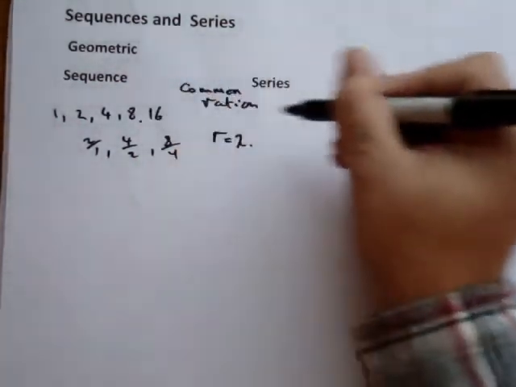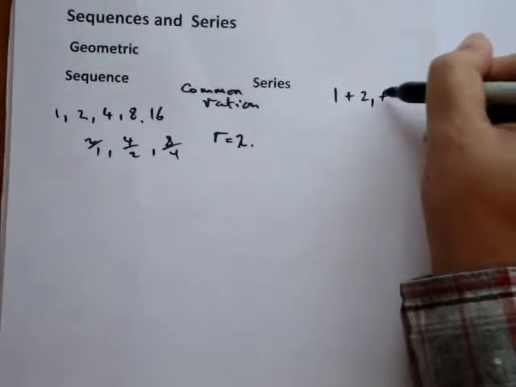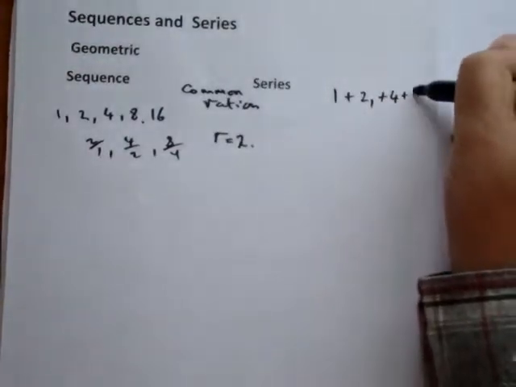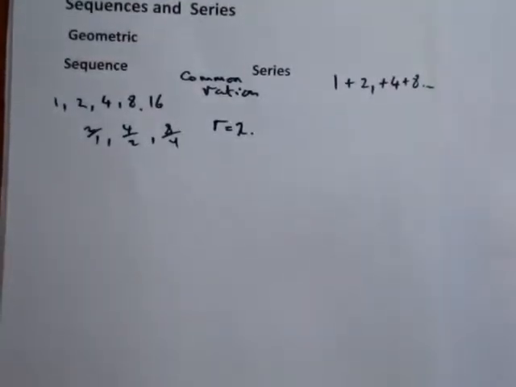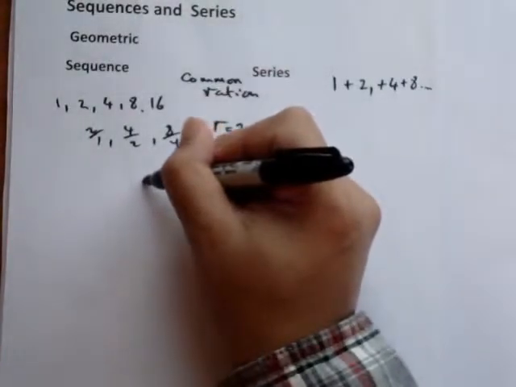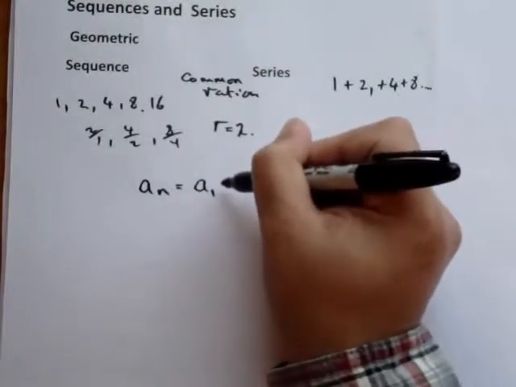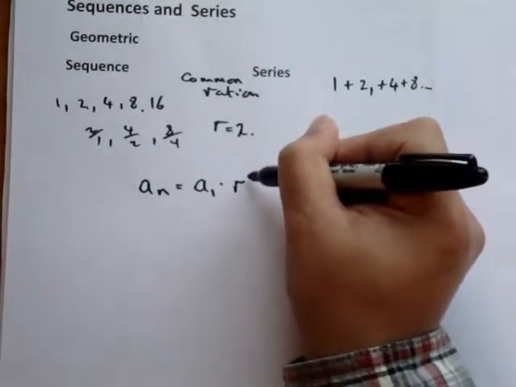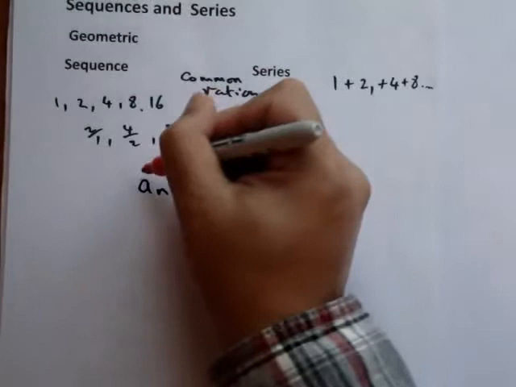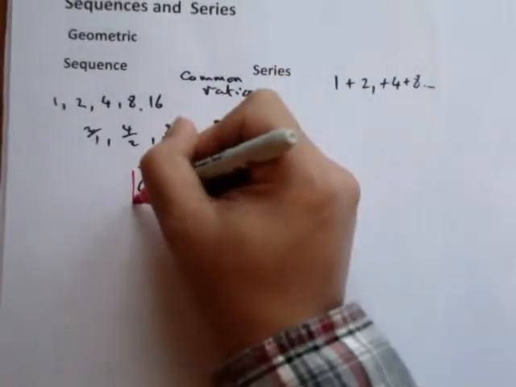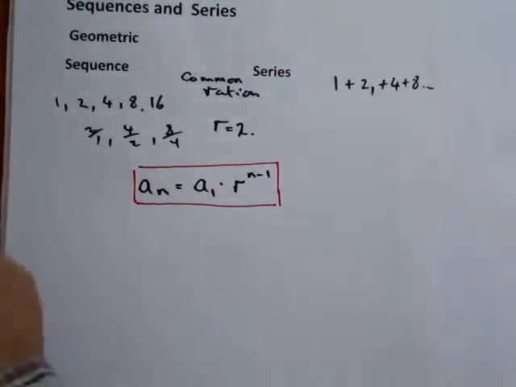Geometric series are the same set of numbers, but 1 plus 2 plus 4 plus 8 and so on. If we want to find the nth term in this case, we have a sub n equals the first term multiplied by the common ratio to the power n minus 1. So that's the formula you need to remember for geometric sequences.